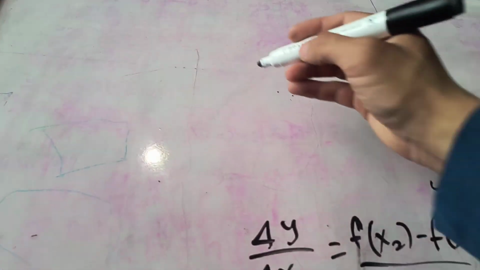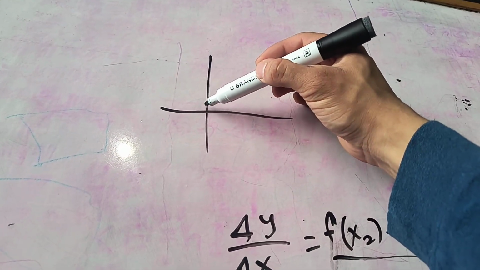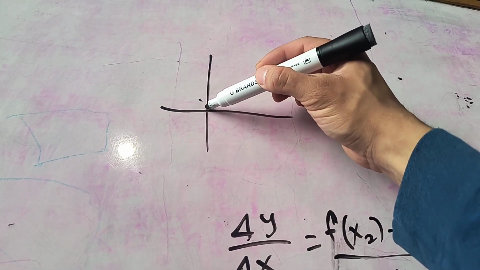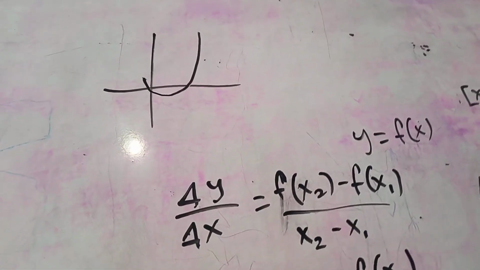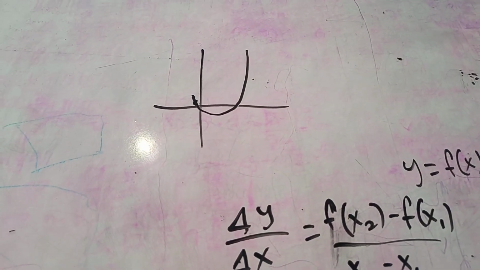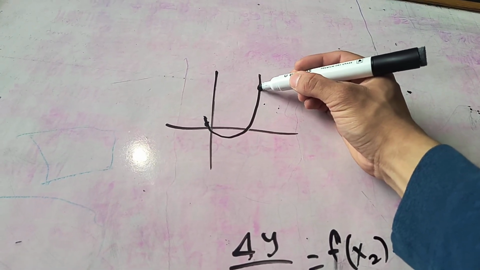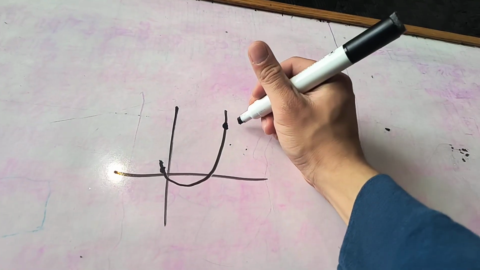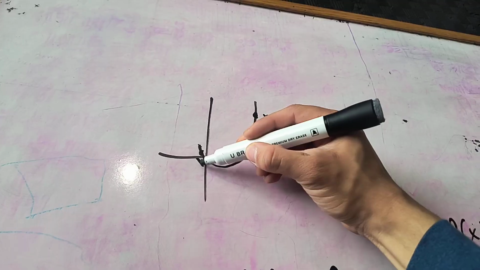Now, if I were to graph something real quick, let's just pull a curve, right? And I were to give you 2 points, let's say from this point, that will be x1, and this will be x2.